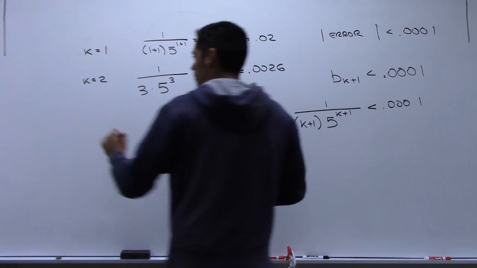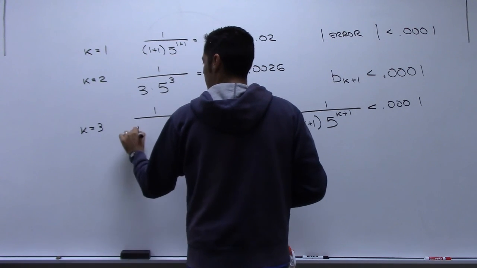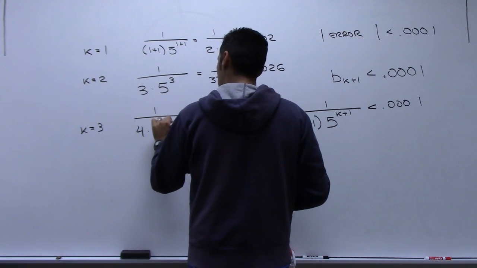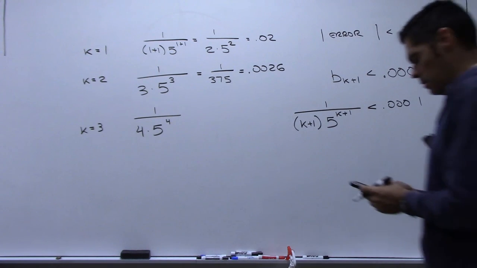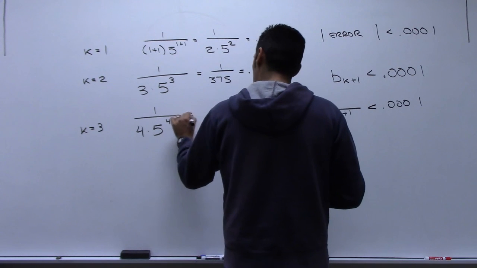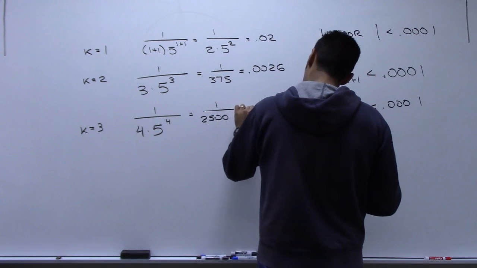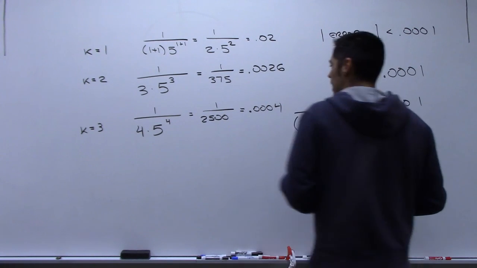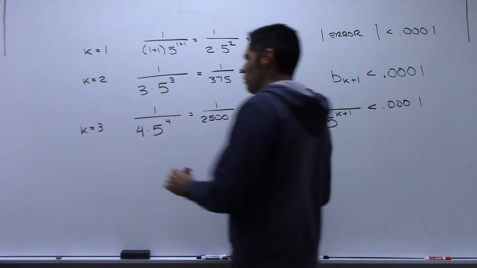So I go to 3. K is 3. 1 over 4 times 5 to the 4th. So one over 2,500 is equal to 0.0004. I'm getting close. 0.0001. So I need to go probably just one more.